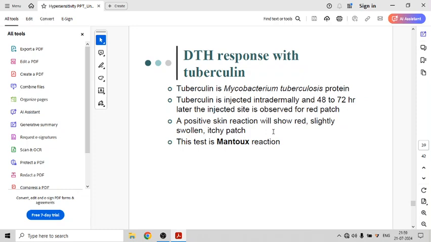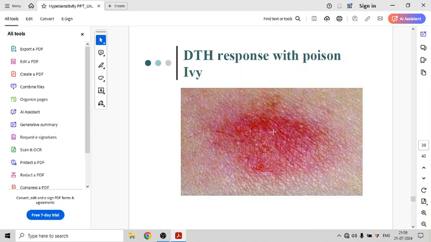And to know whether the person is reacting against Mycobacterium tuberculosis, a small amount of tuberculin antigen is injected into the skin, and the reaction could be demonstrated like this.